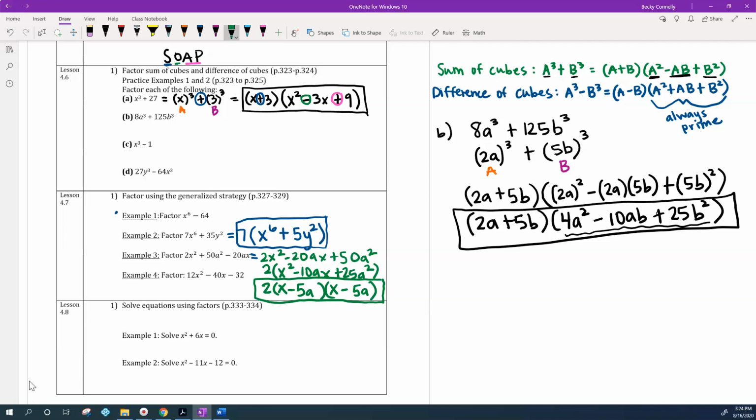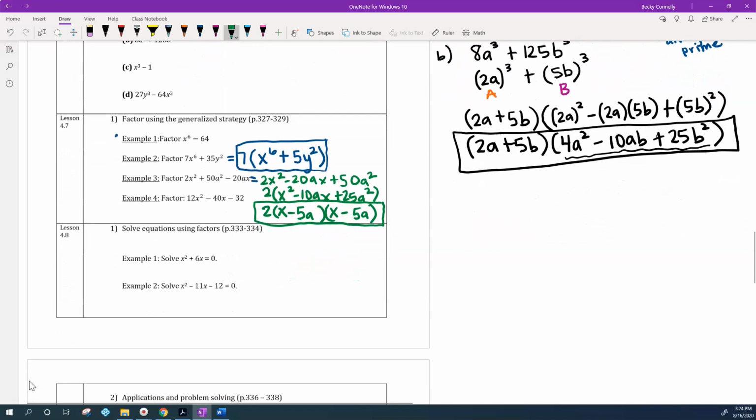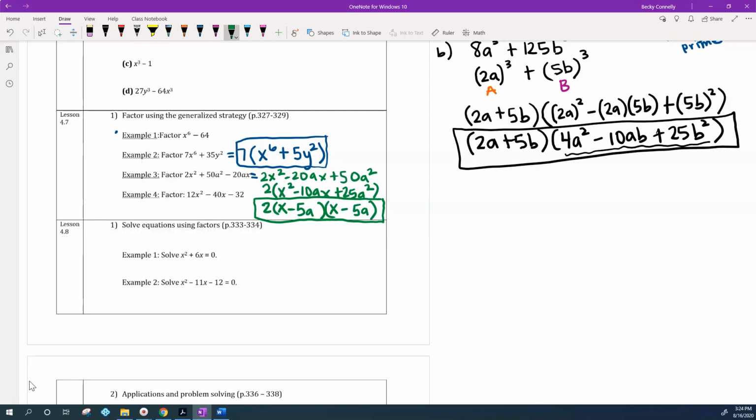And then on example 4, again, we're looking for our greatest common factor. That's something you're going to want to make sure that you're always doing on these. So let's do 12x squared minus 40x minus 32.